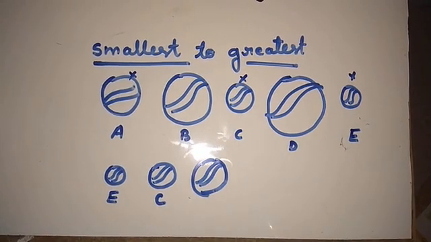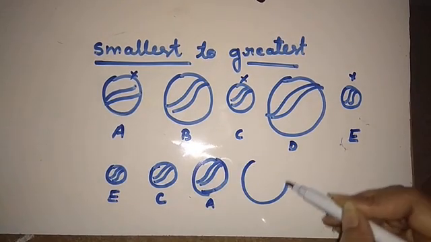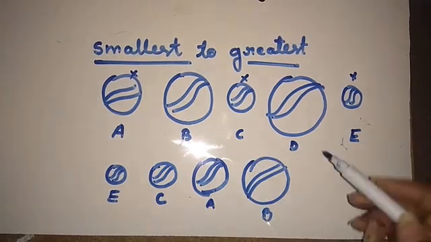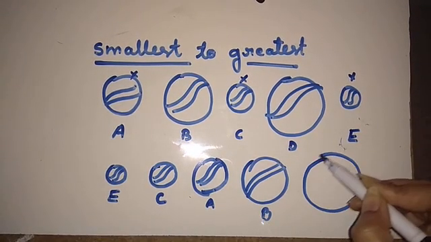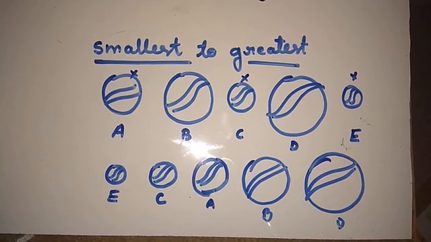Ball B. Next, the last one is ball D. So in this way, we can write any numbers in ascending order. First we observe which one is smallest, suppose 4 numbers are given. After the smallest number we write the next smallest number.